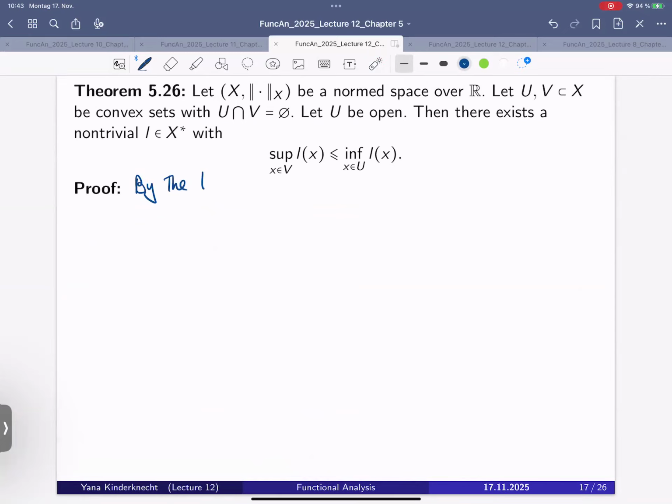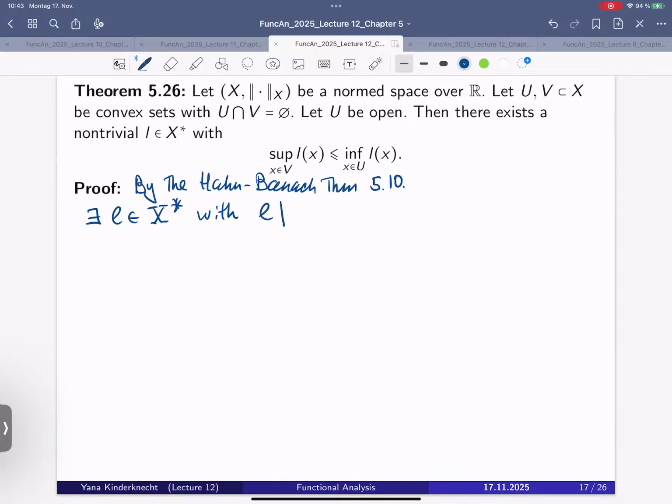By the Hahn-Banach theorem, I guess it is even theorem 510. So we don't need any topology, just a vector structure. There exists a linear functional L defined on the whole X and continuous, satisfying the following conditions.